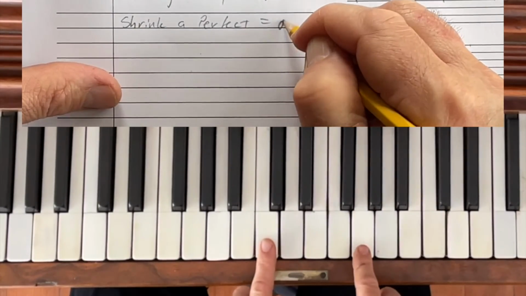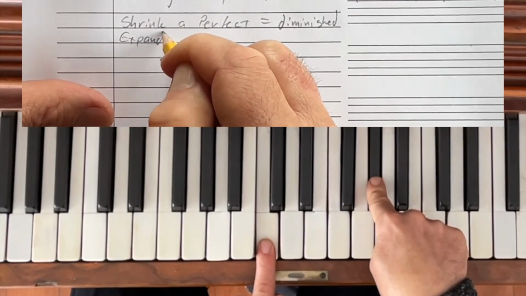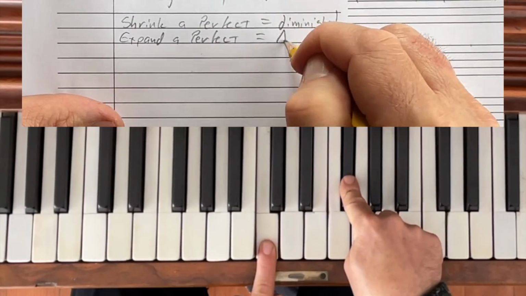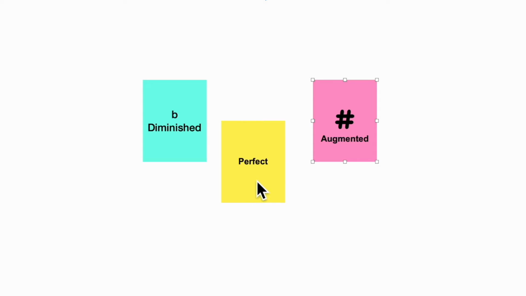And when you raise it, it's called augmented. Perfect fifth, augmented fifth. Perfect fourth, augmented fourth. So any of your perfect intervals, when you shrink it by moving 1/2 step, then it's called diminished.